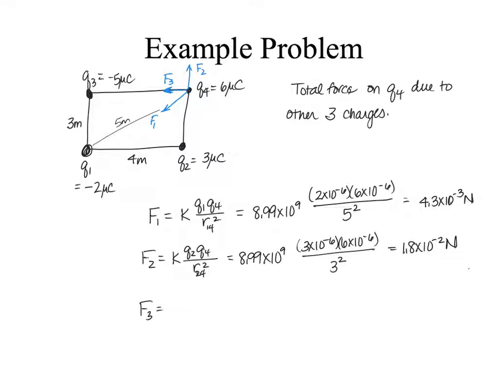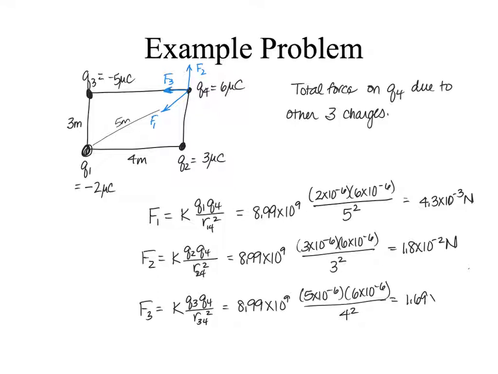Finally, the force of 3 on number 4 is 8.99 times 10 to the 9th, times 5 times 10 to the minus 6 and 6 times 10 to the minus 6, and the distance between them is 4 squared, and that gives me 1.69 times 10 to the minus 2 newtons.